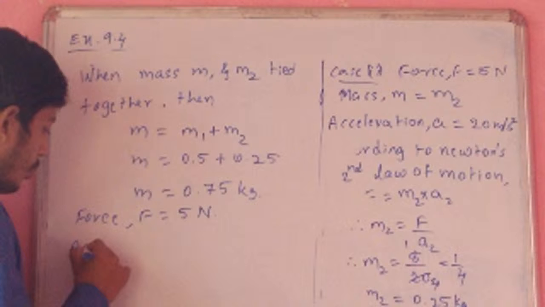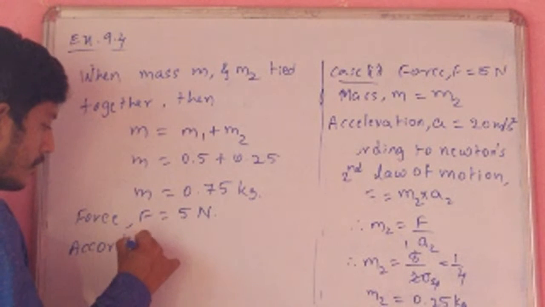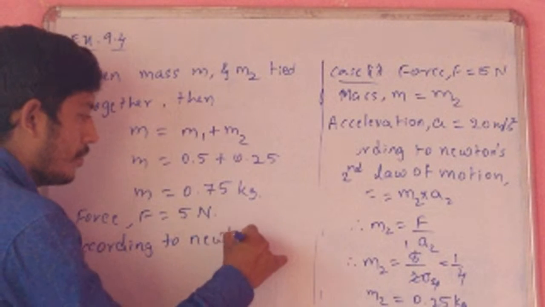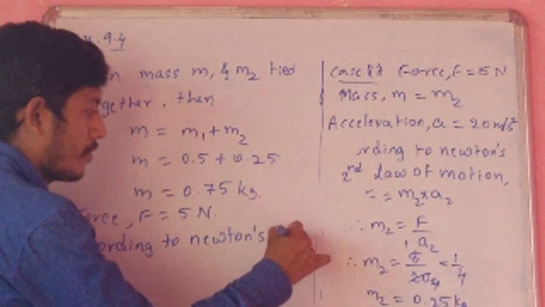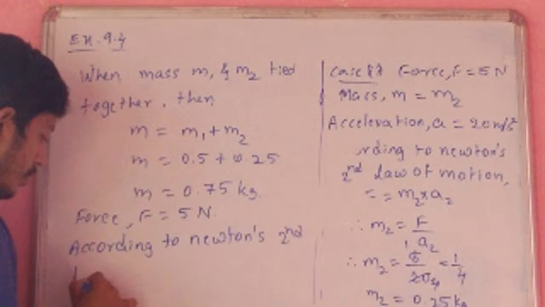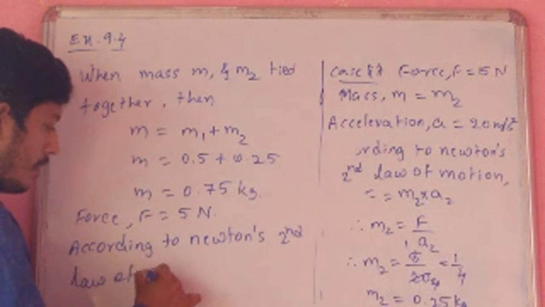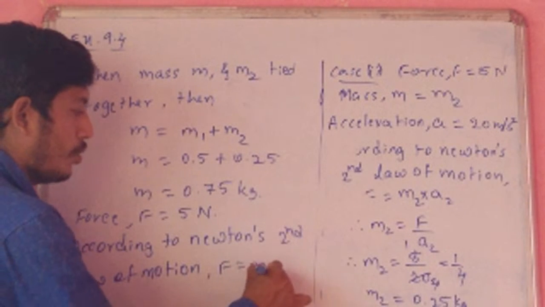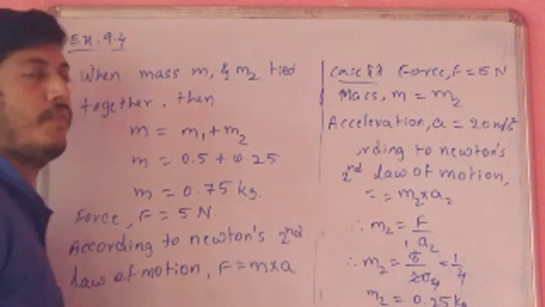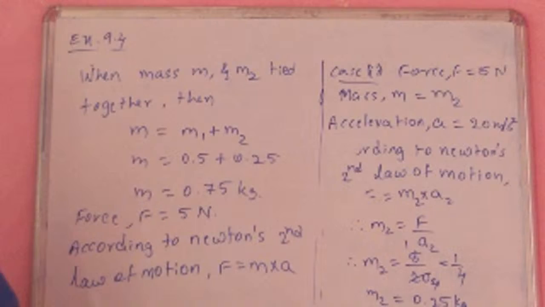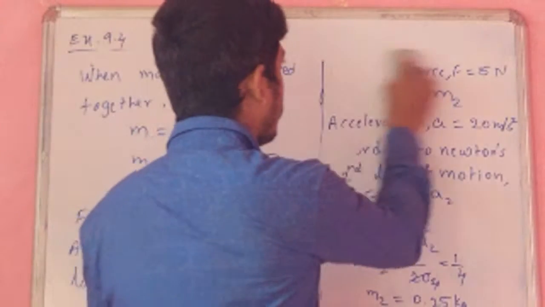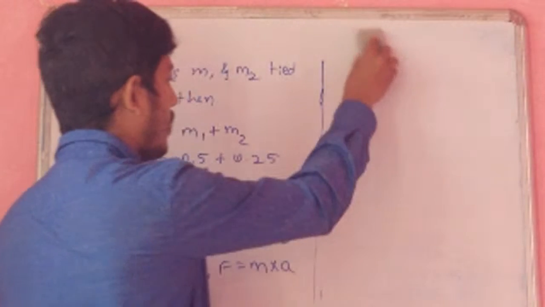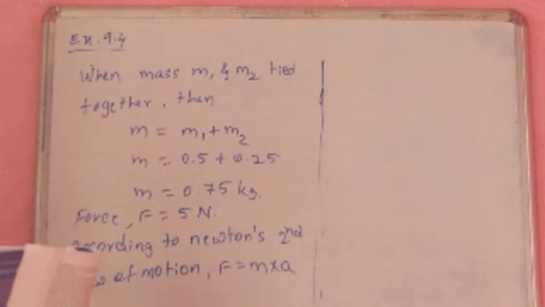Again, according to Newton's second law of motion, F equals m into a. Again we have to substitute the values in this formula.